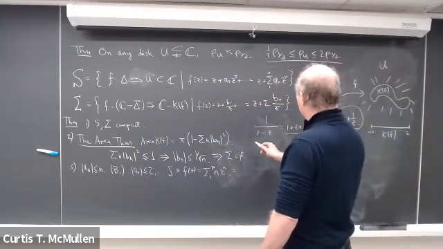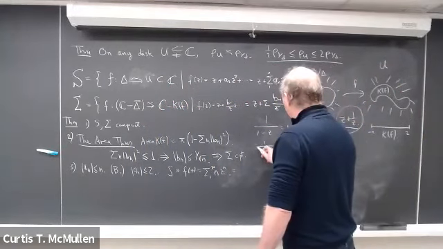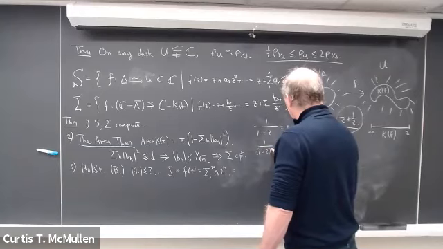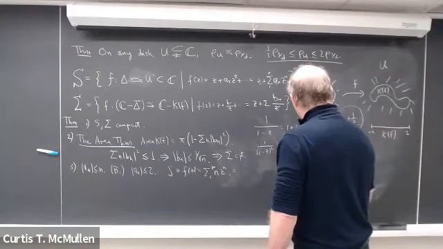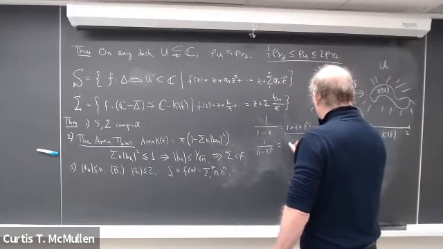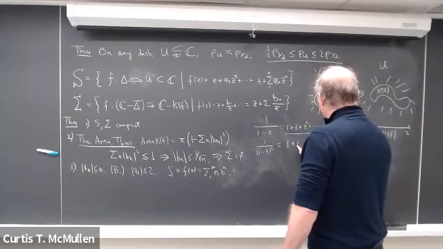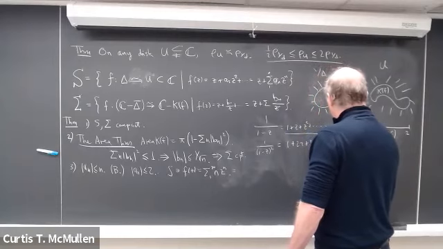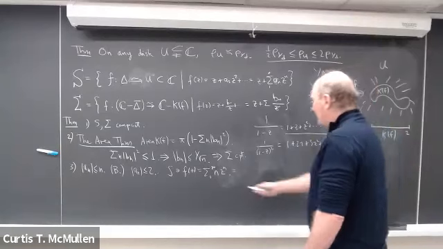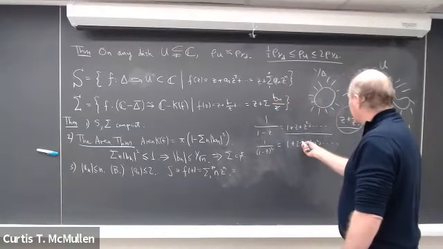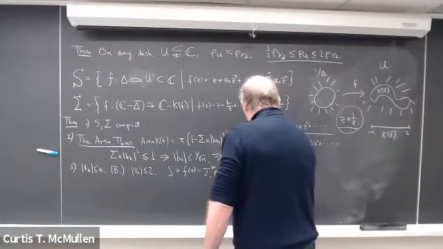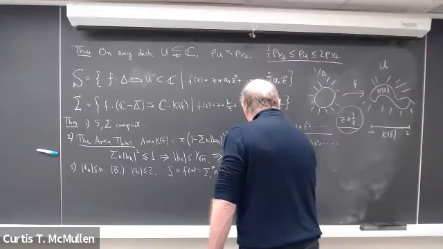Now if we differentiate both sides, we get 1 over (1 minus z) squared is equal to 1 plus 2z plus 3z squared and so on, which is almost this function, but the exponents are off by 1. So this function is just z over (1 minus z) squared.